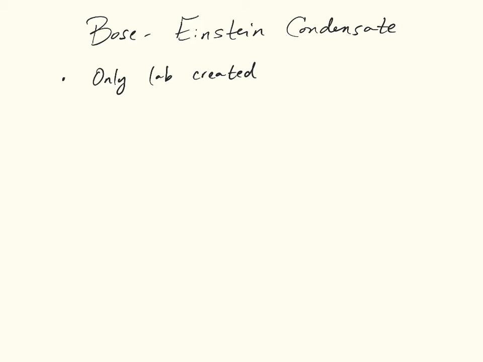What the Bose-Einstein Condensate is, is a piece of matter that is created by getting to temperatures very, very close to absolute zero. Absolute zero is a temperature which is 0 Kelvin, and Kelvin is another temperature scale that we use in science.